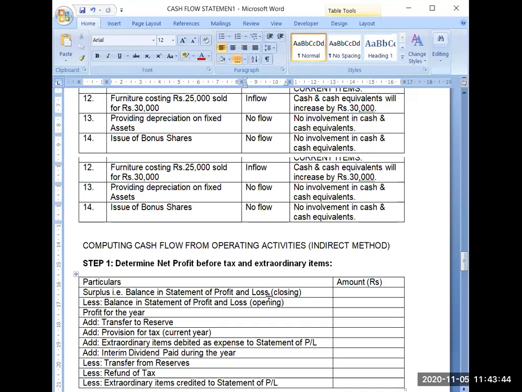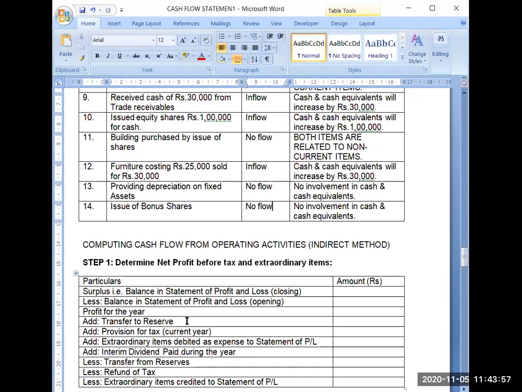So now coming to the main portion of this chapter, there are two methods of preparing cash flow statement. But right now only one method is there in your syllabus, that is called indirect method.